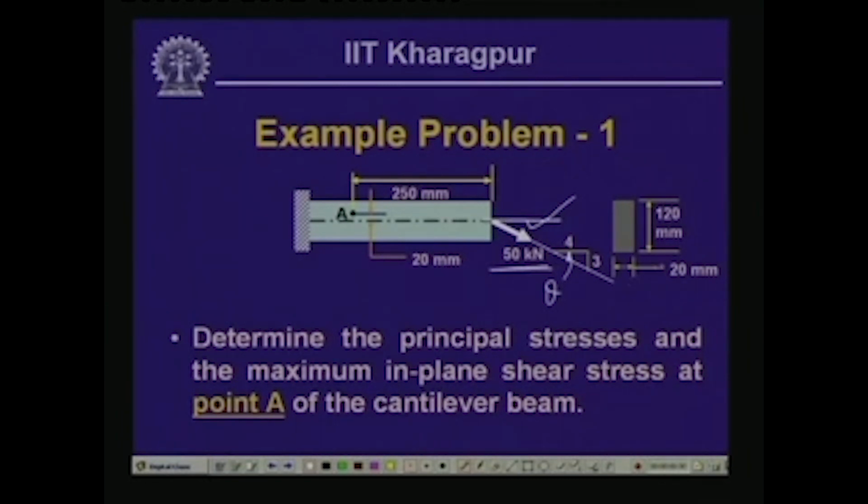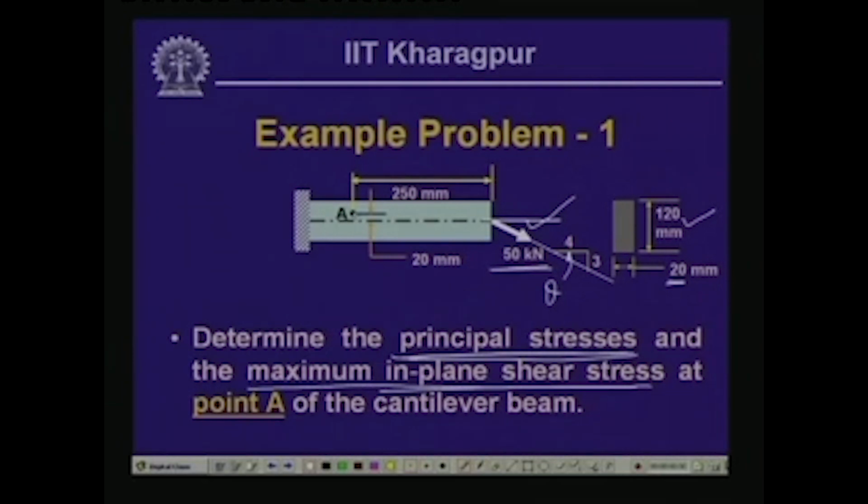The cross section of the beam is rectangular, having width 20 millimeter and depth 120 millimeter. Now, we will have to compute the principal stresses and the maximum in plane shear stress at point A of the beam.